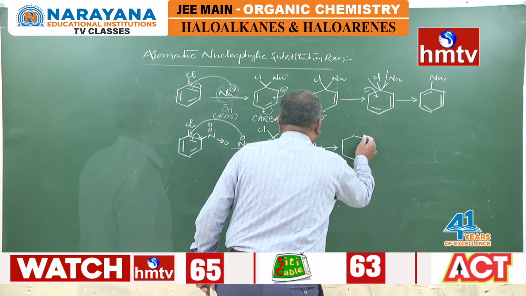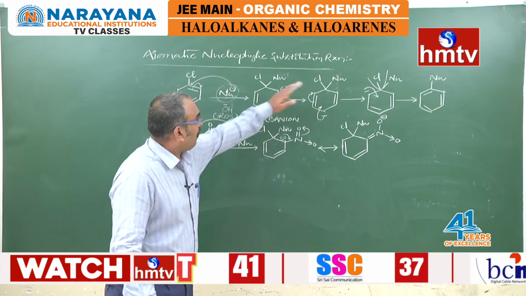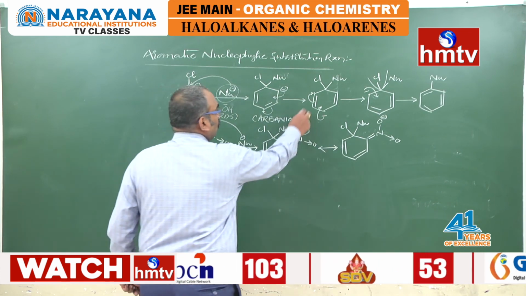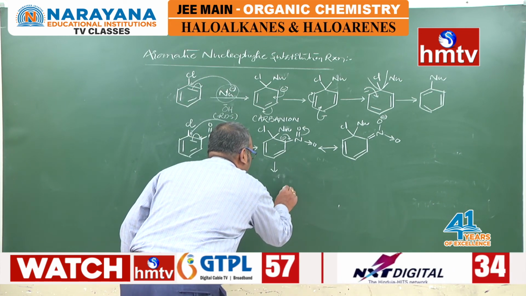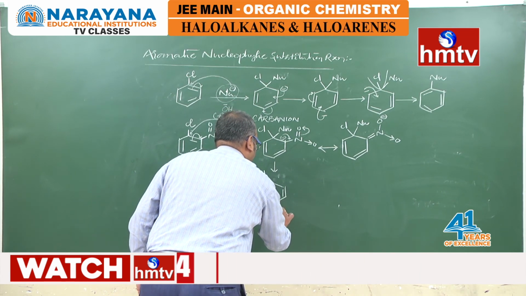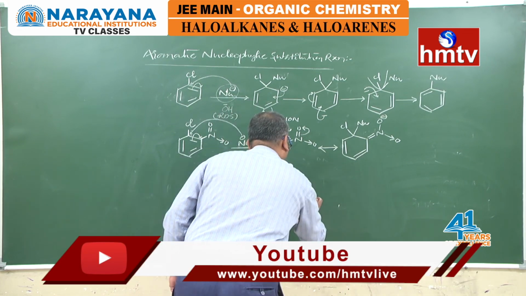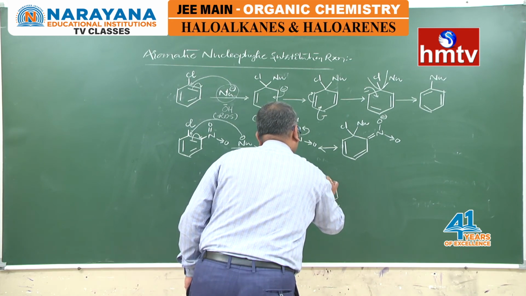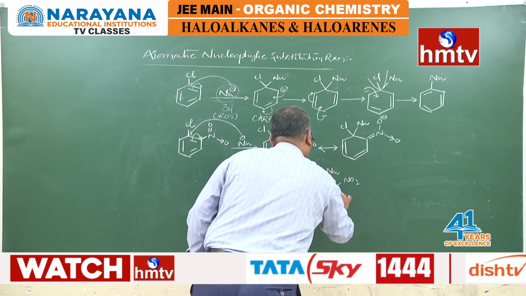So the carbanion is stabilized additionally by this additional resonating structure, which was not found in the earlier case where there is no NO2. In addition to these structures, you will get the additional resonating structure which gives a double bond, negative charge on the nitro group, with Cl and Nu.